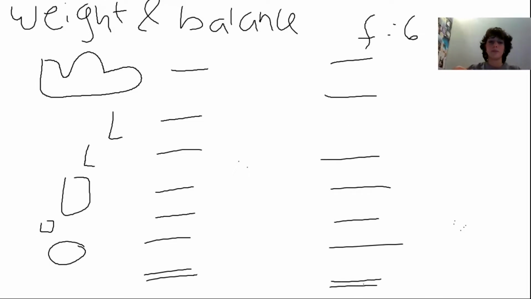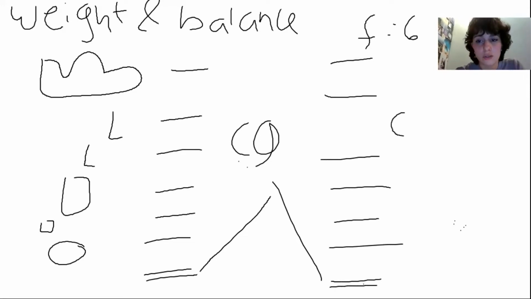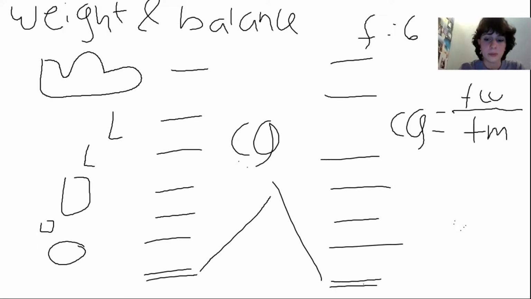This is important because these two are going to give us the CG. What is CG? CG is the center of gravity. So CG is equal to the total moment divided by the total weight.